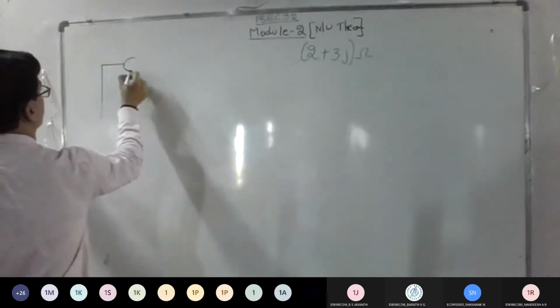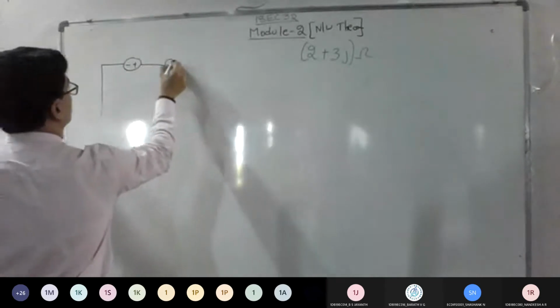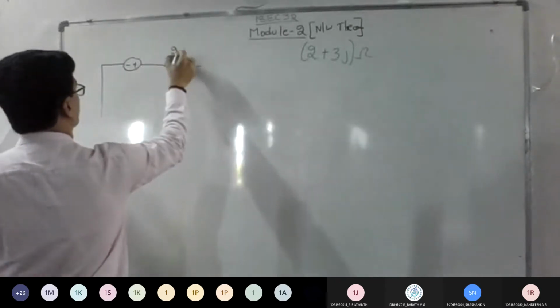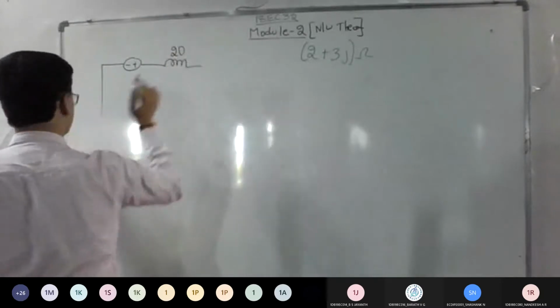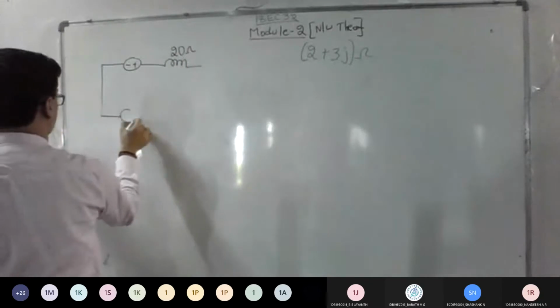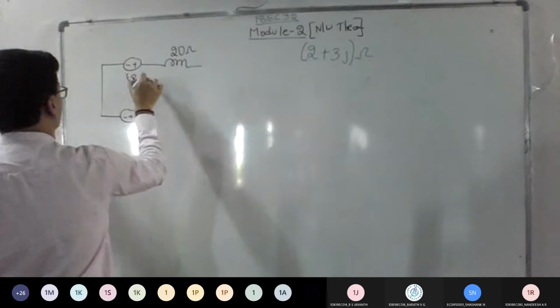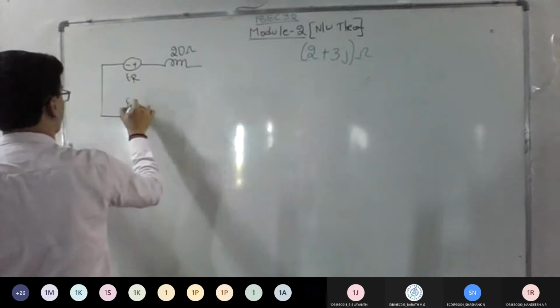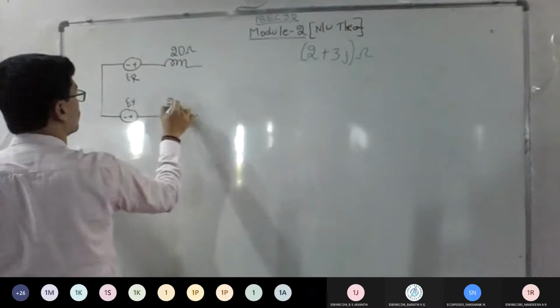Then I write what is given here. Minus plus, they are given 20, this is in terms of ohm. You should know how to convert that to the complex term. A capacitor is given, again 20 ohm.